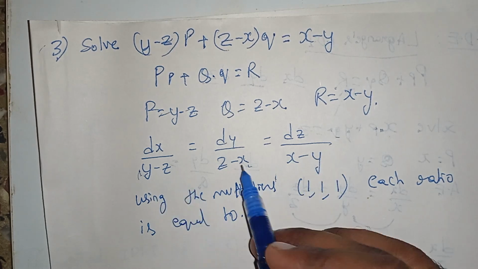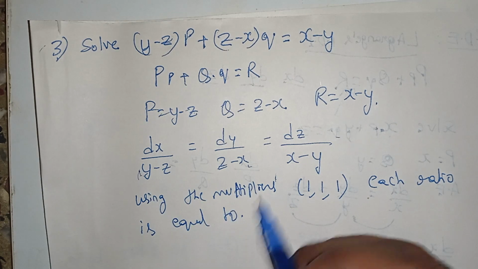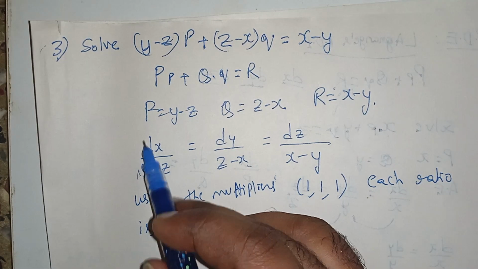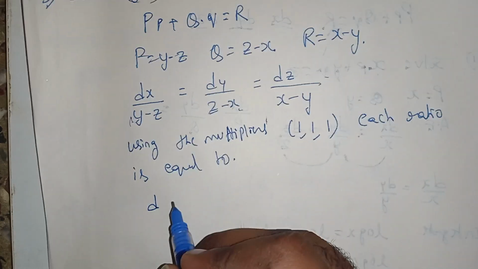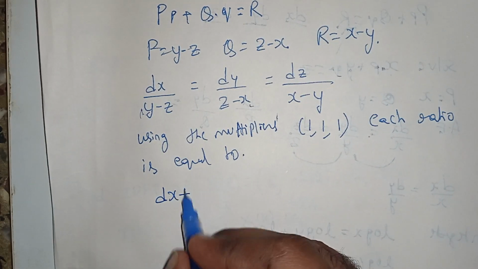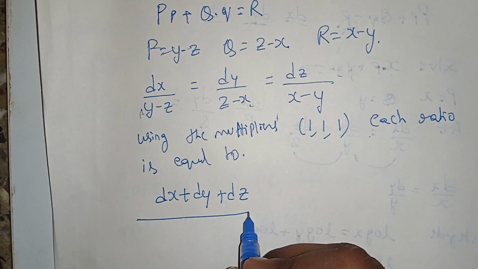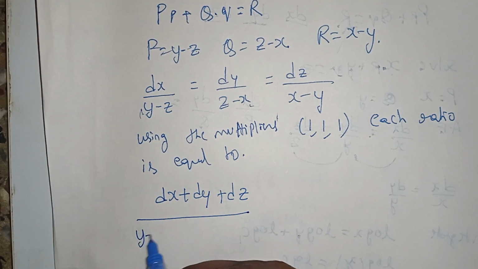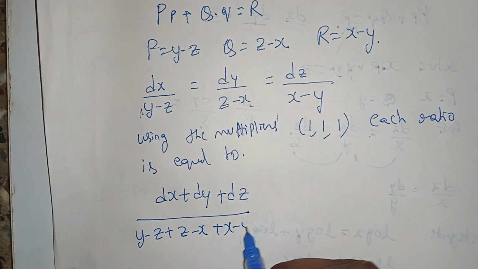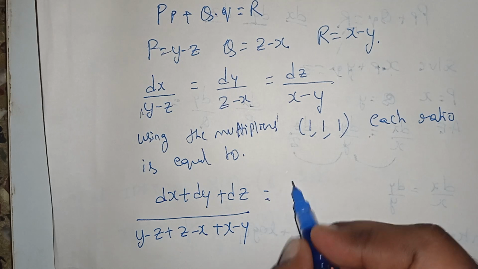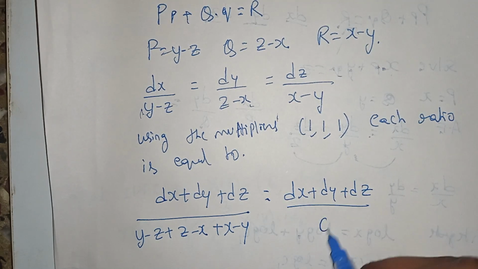So if you add plus y minus y, everything, my final goal is the denominator should be 0. That same one I will add. So it will become dx plus dy plus dz divided by y minus z plus z minus x plus x minus y, which will be equal to dx plus dy plus dz divided by 0.